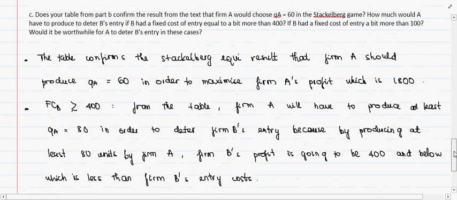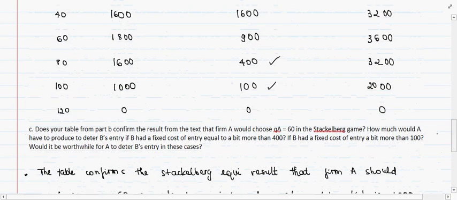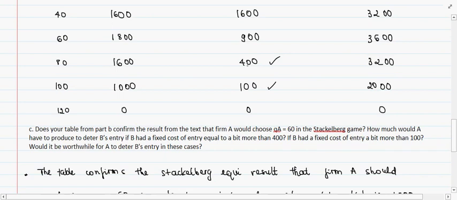Now, the question asks: would firm A want to do this? Would it be worthwhile for firm A to deter firm B's entry in these cases? As you can see, in order to deter firm B's entry when the fixed cost is 400 for firm B, firm A will have to produce 80 units of output. If firm A does that, firm A will become a monopoly and get 3,200 in the market.